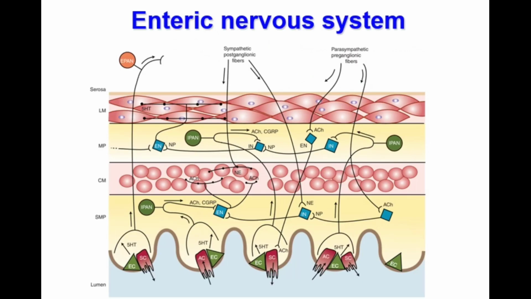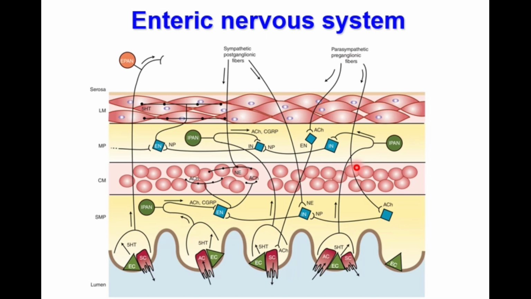In some textbooks, a third division of the autonomic nervous system is considered, called the enteric nervous system. The enteric nervous system consists of neurons lying in the intramural plexus of the gastrointestinal tract.